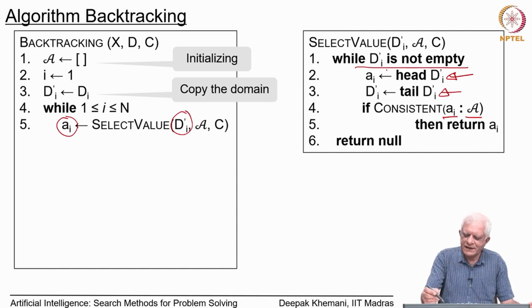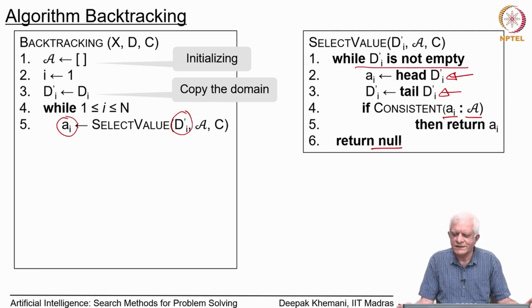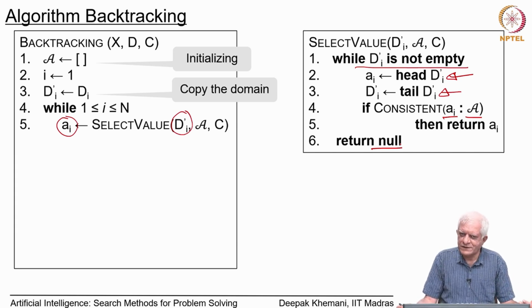If that does not happen and we keep cycling through this while loop till it becomes empty, then we return null. So, either we return a value ai which is consistent with the previous variables, or we return null. When i is equal to 1, there are no previous variables, but as we progress there will be. The main algorithm, backtracking, handles these two cases.